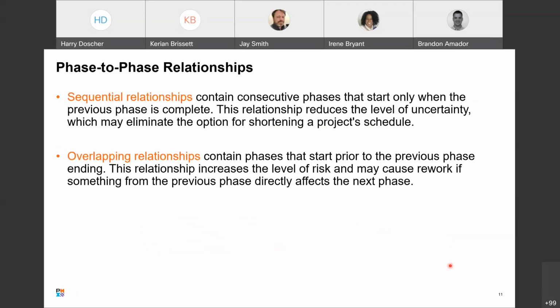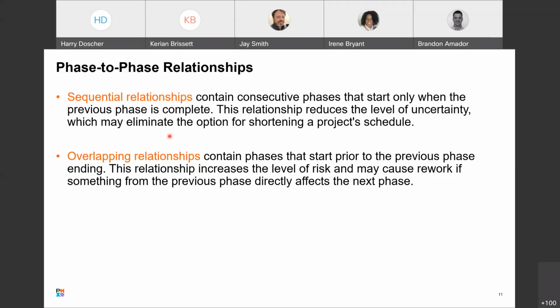And phase-to-phase relationships. This is what we talked about a little bit earlier. We have sequential and overlapping relationships. So a sequential relationship contains consecutive phases that start only when the previous phase is complete. This relationship reduces the level of uncertainty, which may eliminate the option for shortening a project schedule. So if you're on schedule, this is the way to really do it if you want highest quality out of the project.